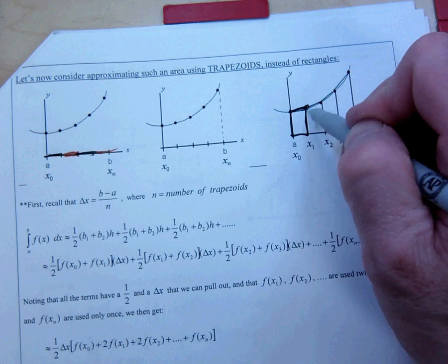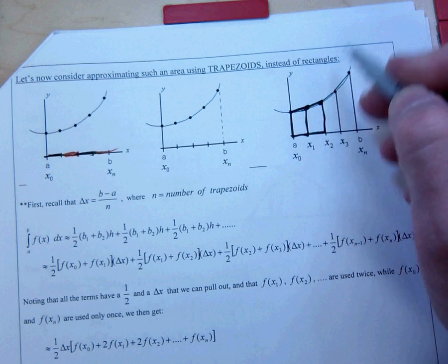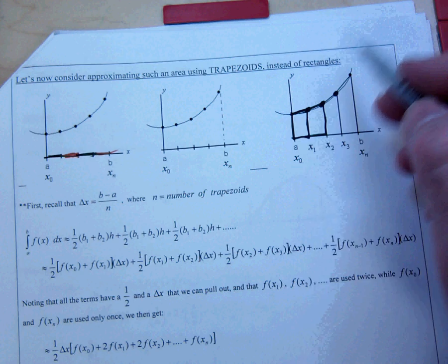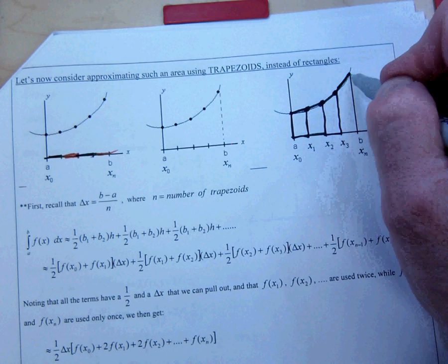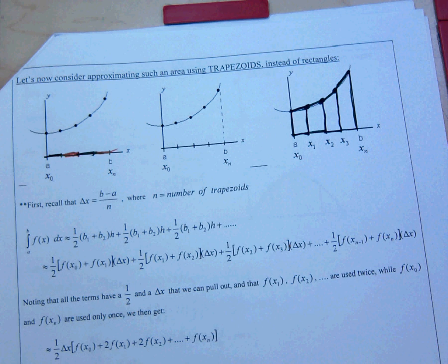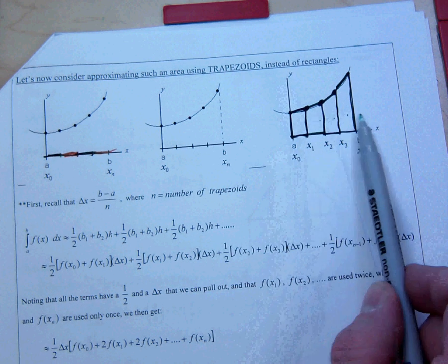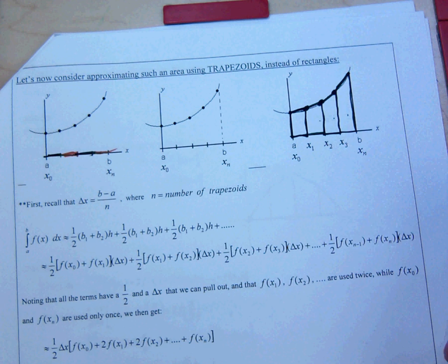Then I connected these 2 endpoints on the second subinterval, and I got this trapezoid. Then I connected the y values on the endpoints of the third subinterval, and I got the third trapezoid. And then here's my 4th trapezoid. Everybody agree those are trapezoids, not rectangles? And so if I take each trapezoid area and add them up, that'll give me an approximation for the area under the curve. Everybody agree with that?